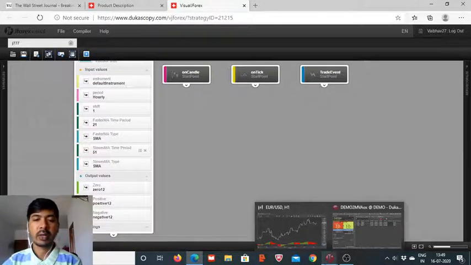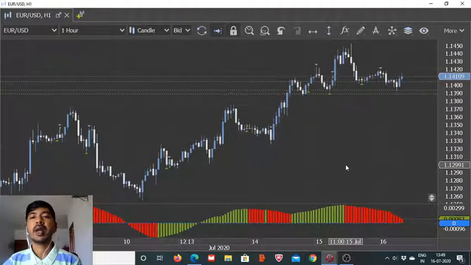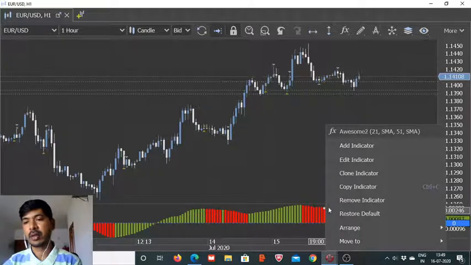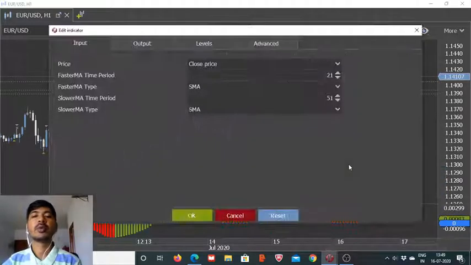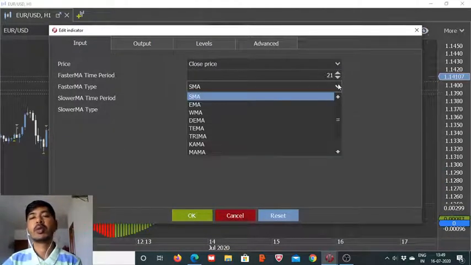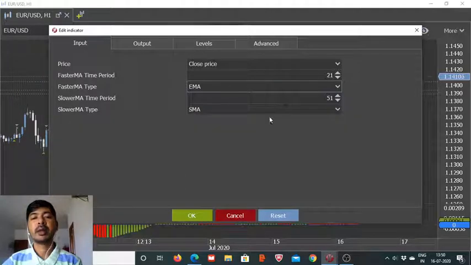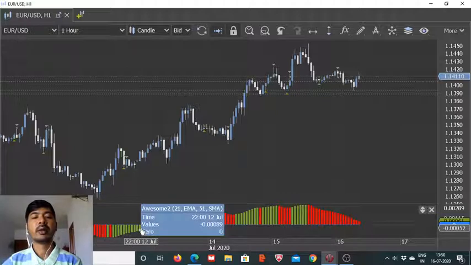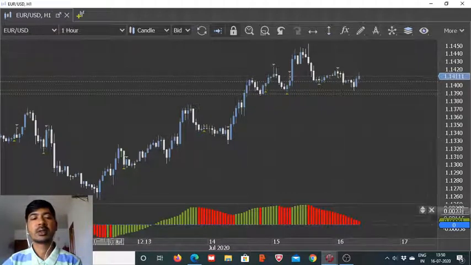Now coming to the type of moving average, the type of moving average also makes a whole lot of difference, as I would explain to you here. Suppose if you change this SMA to EMA, then as you might have noticed, this formation has changed.